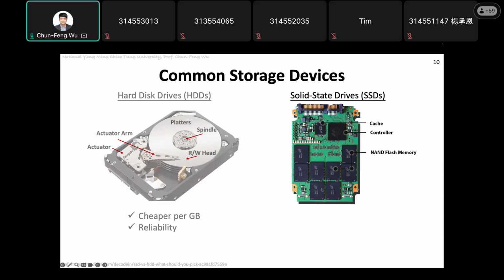This is the reason why solid state drives are lighter. If you grab a hard disk drive and a solid state drive together, the solid state drive will be way lighter compared with the hard disk drive.